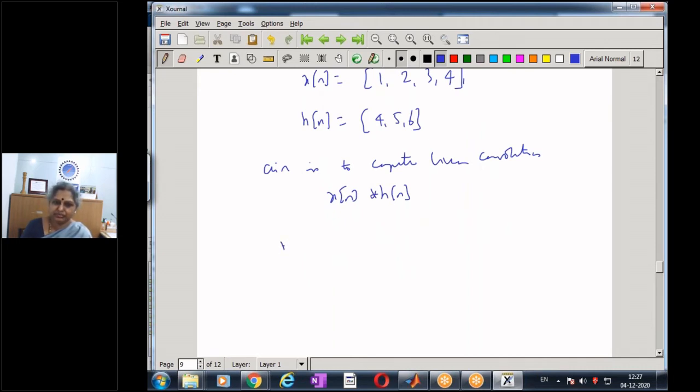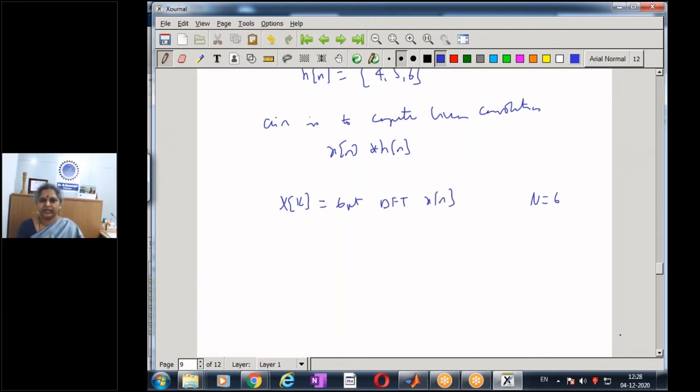So as the first step, we will compute x of k. I need to first compute N, so 4 plus 3 minus 1, that is 6. So my N becomes 6 in this example. I need to compute x of k, which is a 6-point DFT of x of n.